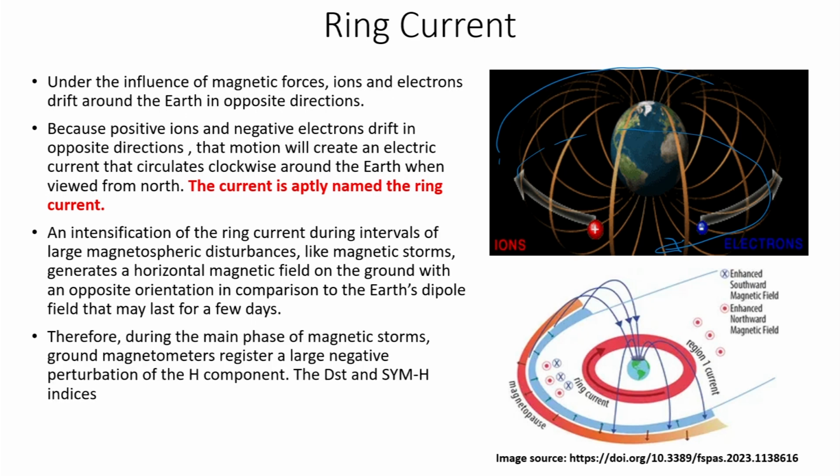So the overall magnetic field during geomagnetic storms can show negative perturbations, from which the Dst and SYM-H indices can be derived.